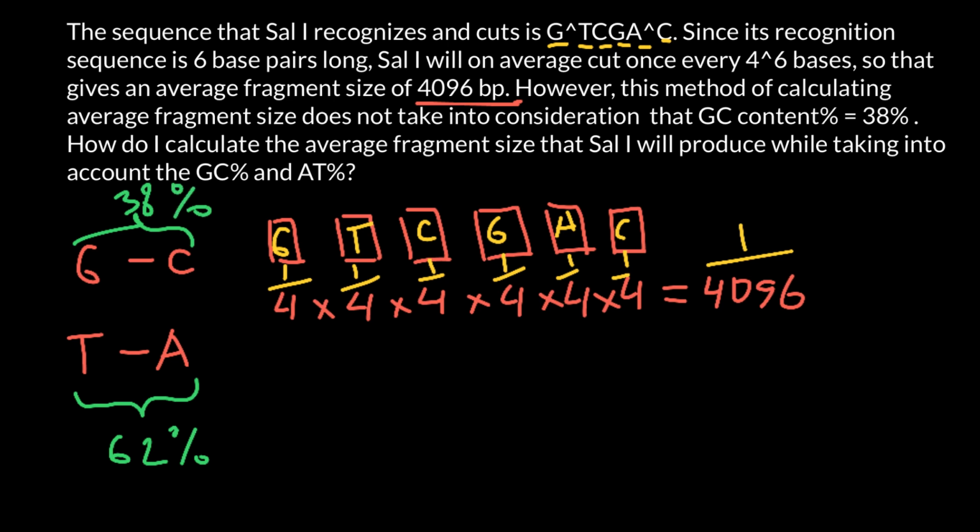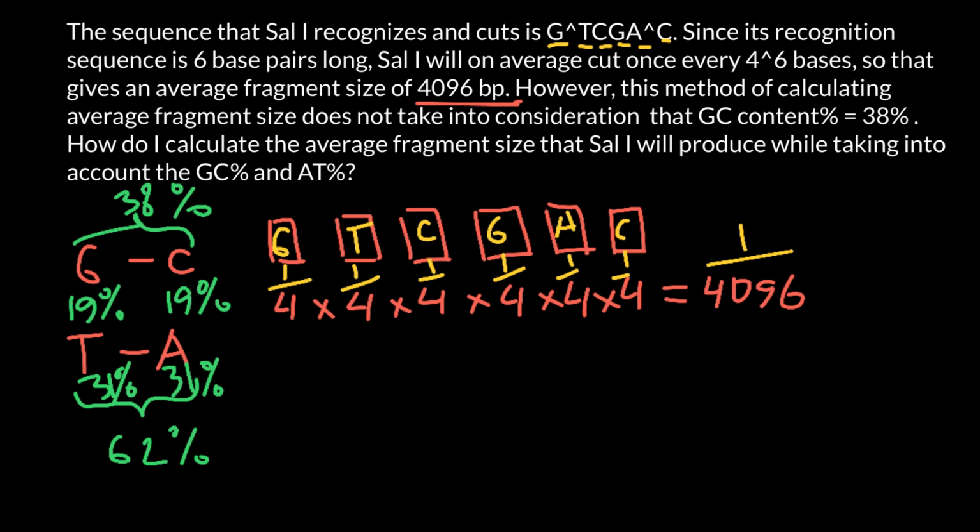And we also would instantly know that guanine would make 19% and cytosine would make another 19%, and that thymine would make 31% and adenine also 31%.